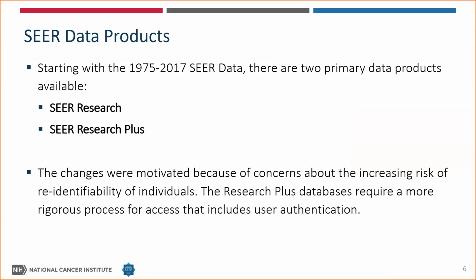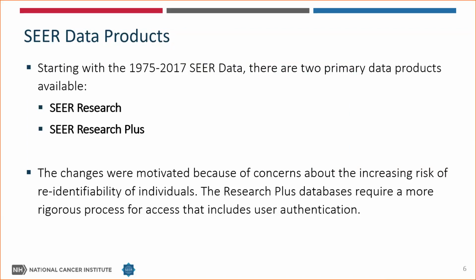One fairly big change we made starting with the data through 2017, so the November 2019 data release, not this past April but the prior one, was that we now have 2 separate primary data products, SEER Research data and SEER Research Plus data. We used to just have the SEER Research data, and now we split it into 2.